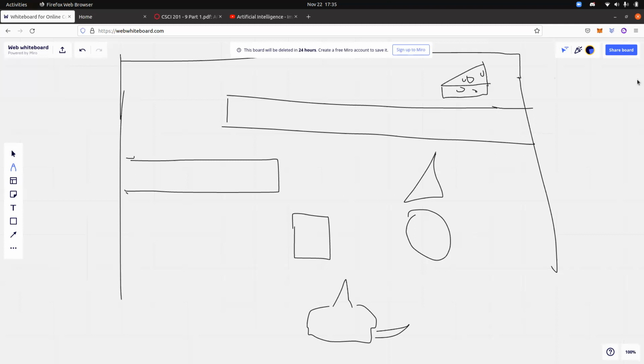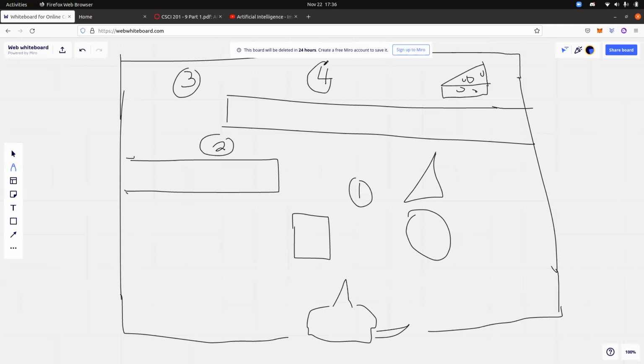Let's give some parameters to the problem. Let's say that you want to reach the cheese in 5 moves. In other words, a potential solution would be move here, 1, move here, 2, 3, 4, 5.